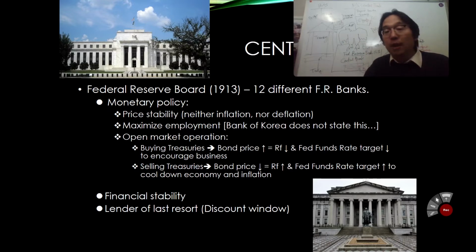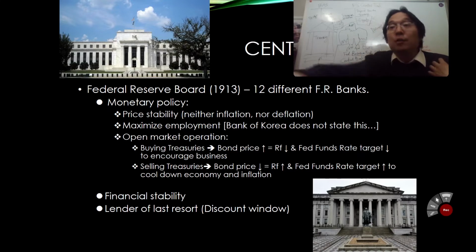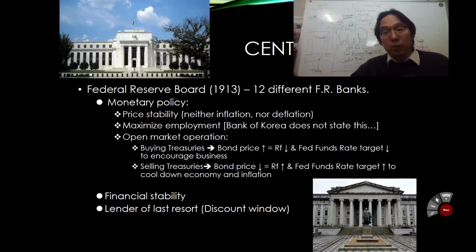That means, through the inverse relation with the risk-free rate, the risk-free rate goes down. The interest rate goes down, the Fed funds rate goes down, and that encourages business. Essentially, buying securities means pushing out cash, supplying money, and then expansion of the whole economy.